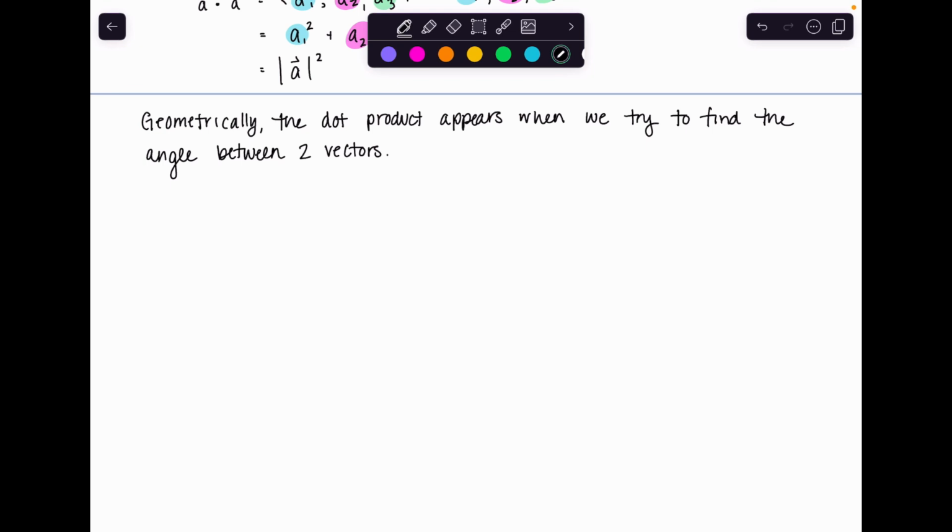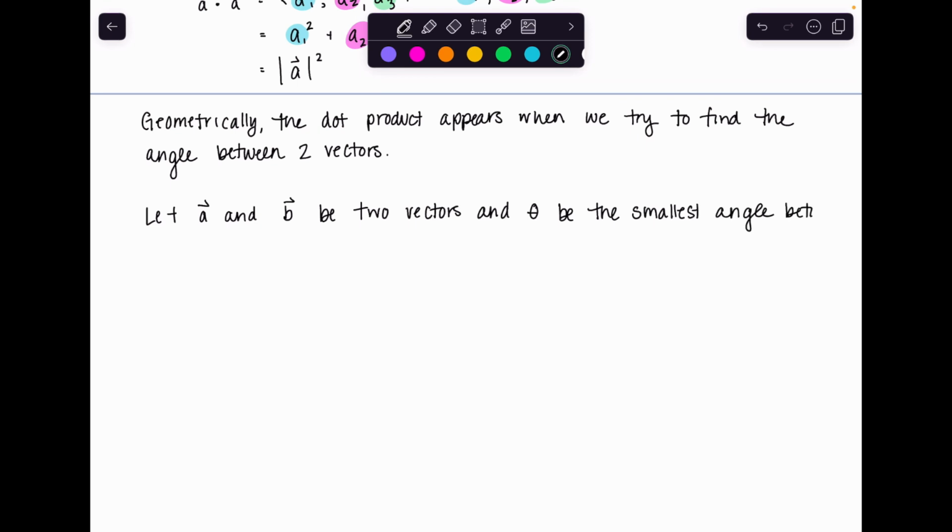So we're going to let A and B be the two vectors we're looking at, and we're going to let theta be the smallest angle between them. So we're going to assume that this value of theta is between 0 and pi.